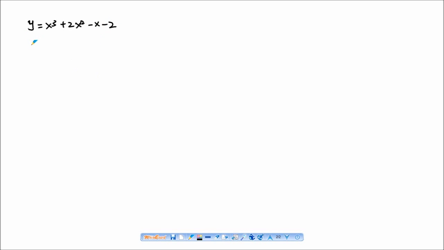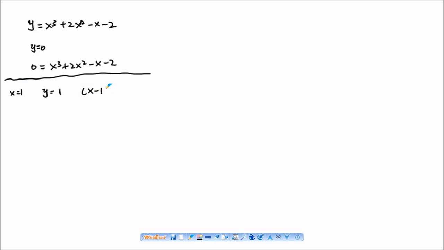Y equals 0 for the x-intercept, so 0 equals x cubed plus 2x squared minus x minus 2, and we have to factorize it before we can solve it. Now let's use the remainder theorem. When x equals 1, y will be 0, so x minus 1 is a factor, and we do a long division.